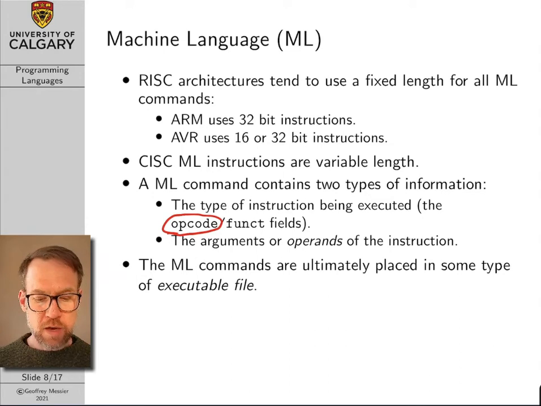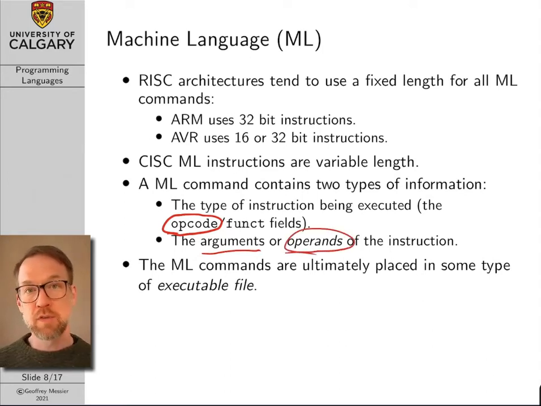And in addition to the opcode, typically the machine language instruction contains arguments or the operands of the instruction. So for example, if we're adding two numbers together, the opcode would say this is an add command, and then the operand part of the machine language instruction would tell us exactly which two numbers we're adding together and where we should put the result.